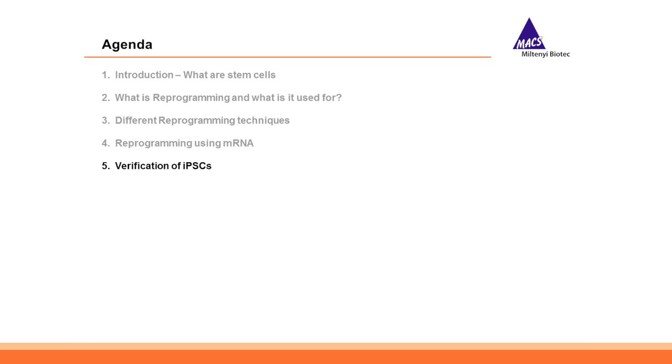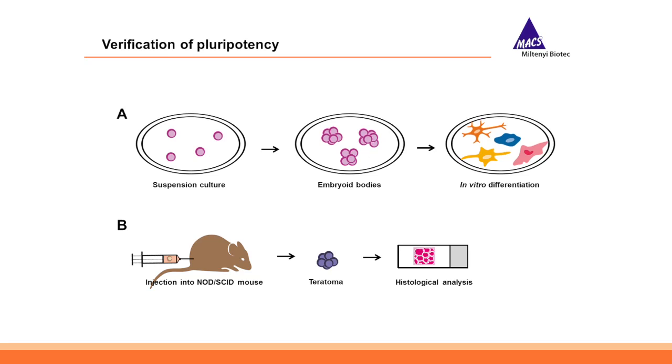All right, then we come to the last point of my talk today, the verification of iPSCs. So there are different functional assays of pluripotency. First is the embryoid body assay, and these embryoid bodies are generated by ESCs on non-adherent plates, and this is very important, in the absence of self-renewal cytokines.